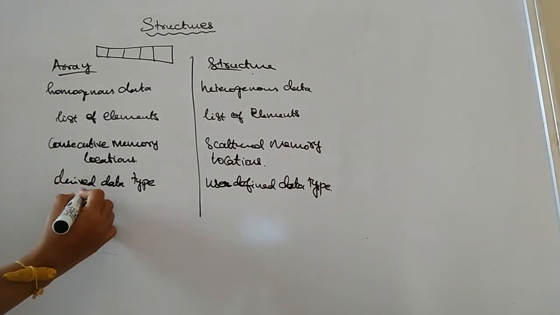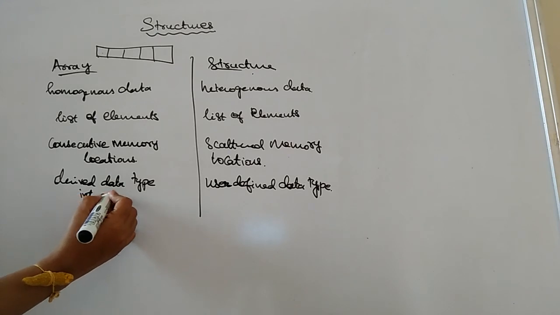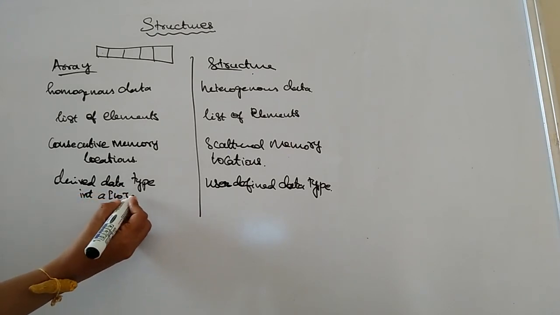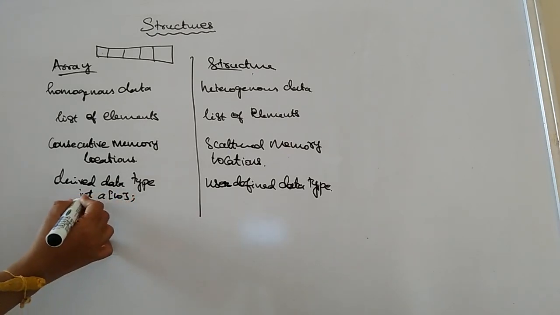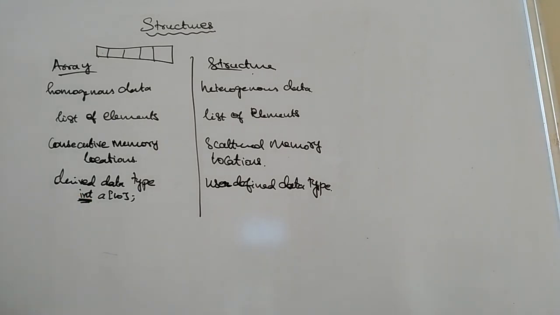Just for an example, int a[10] means 10 cells will be allocated of the type integer. Since we are deriving it from the basic data types, we call it a derived data type.